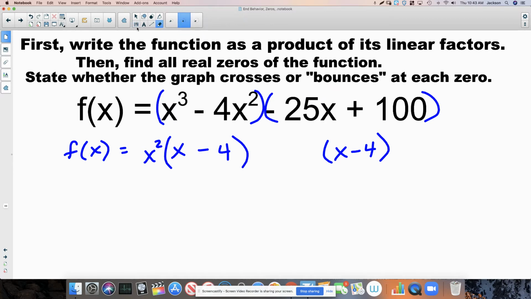Then I look at the negative 25x and we say, what do I need to factor away from this to be left with x? And that would mean we're taking out the negative 25, right? Now, does dividing positive 100 by negative 25 result in -4?